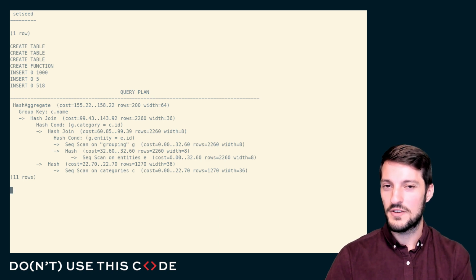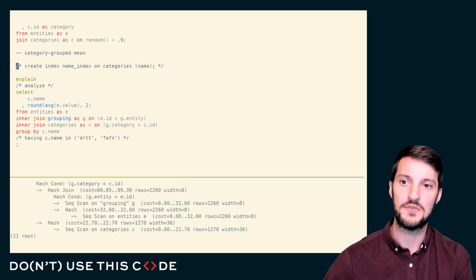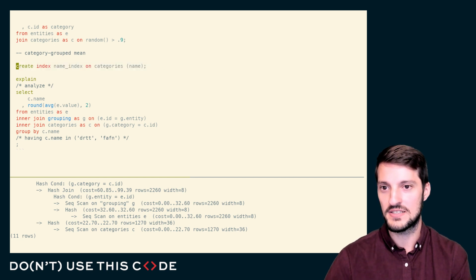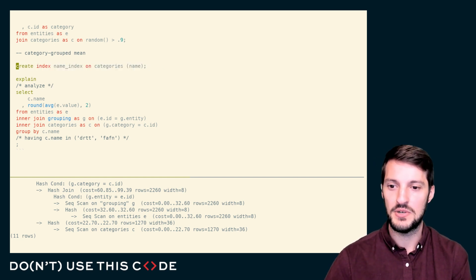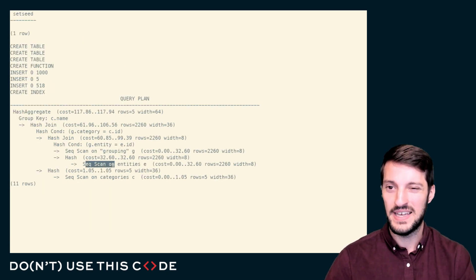And what we can't do here is tell Postgres to do things in a very specific way. I might be able to hint at what way Postgres should do things, maybe by making an index here, but you can see even by creating an index, we're still performing a sequential scan at every step.